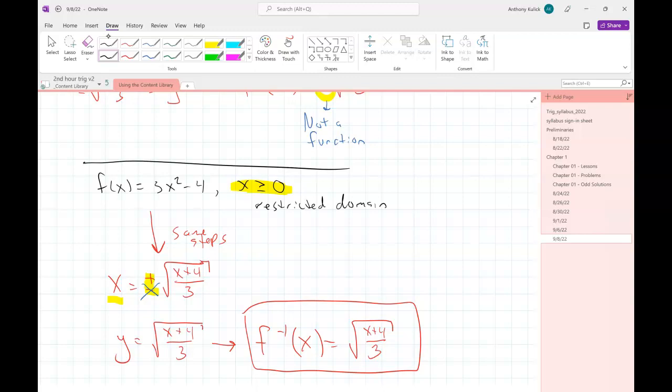We have to do the same sort of restriction, because sine, cosine, tangent functions, none of them are one-to-one. So when we build their inverse functions, we're going to have to do this same restriction. And then every time we use one of those inverses to solve, we're going to have to keep in mind that we're going to maybe make some adjustments to our answers based on that.